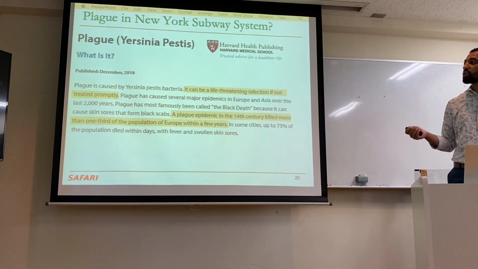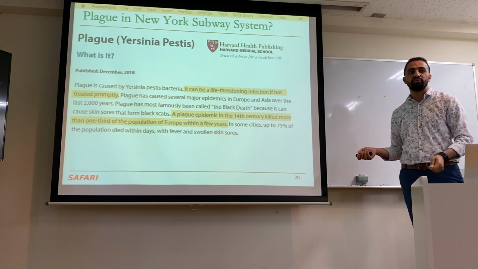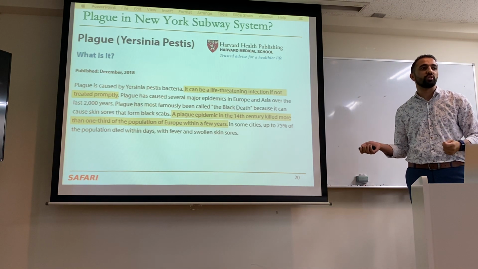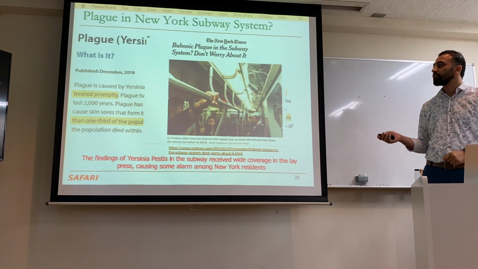This is caused by the Yersinia pestis bacterium. For those who don't know, this killed more than one third of the population of Europe within a few years in the 14th century. So it's really dangerous to find such bacteria in a New York subway station or anywhere in the world.